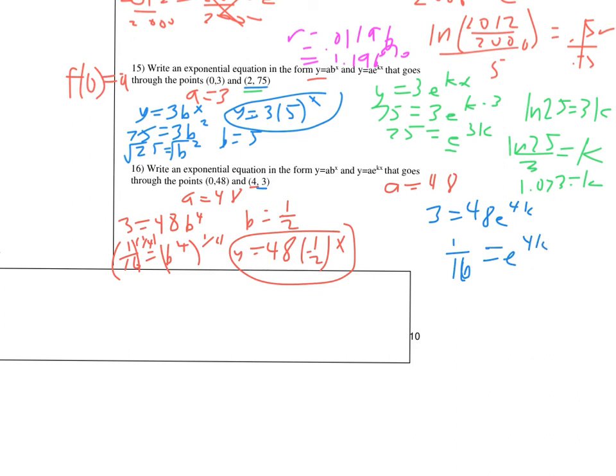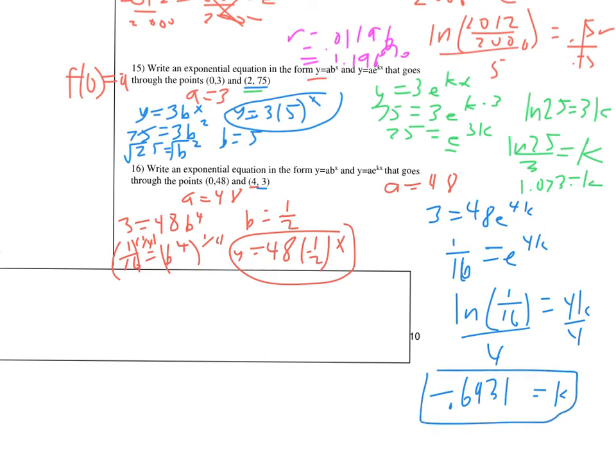And then we will do our exponential or log switch here. So ln of 1 over 16 equals 4k, and then divide that by 4. And if we want a decimal approximation of this, ln of 1 over 16 divided by 4 was negative 0.6931. So there is our k value, and we have our a value, so you could set up the formula if you like.